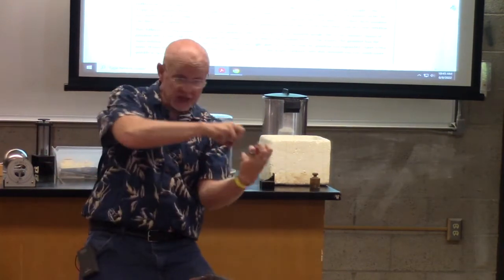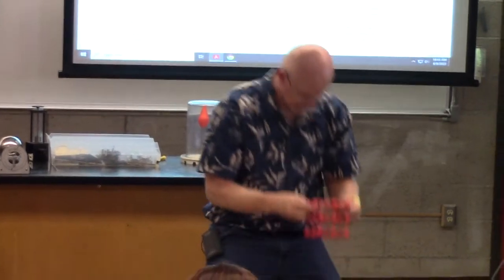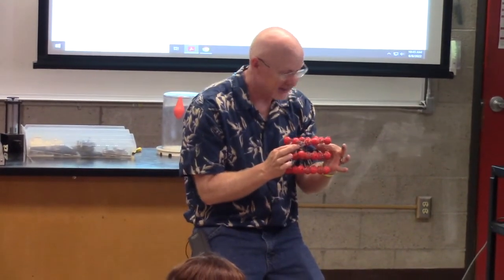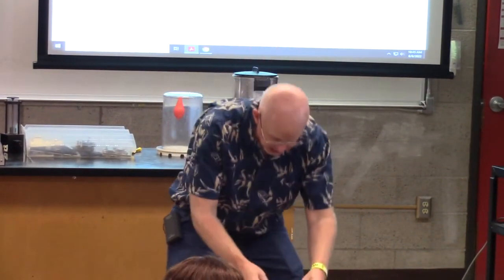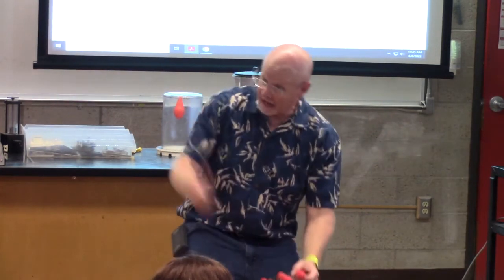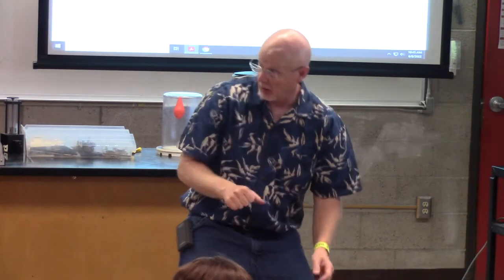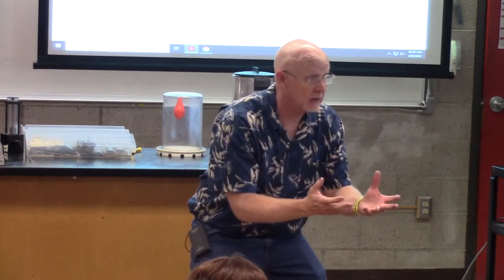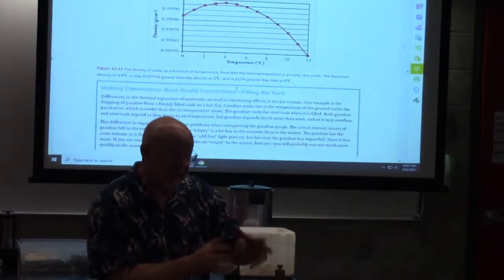When they freeze and become a crystal, they look like this. And because there's spacing between them, the density of ice would go down. And it could go down dramatically. In fact, going back two chapters, what did we say about something that sinks and something that floats? Didn't we say if it floats, it has to have a density less than the liquid it's in?